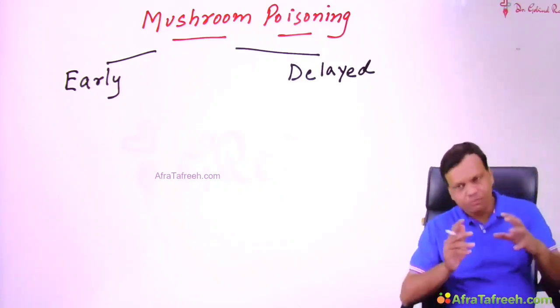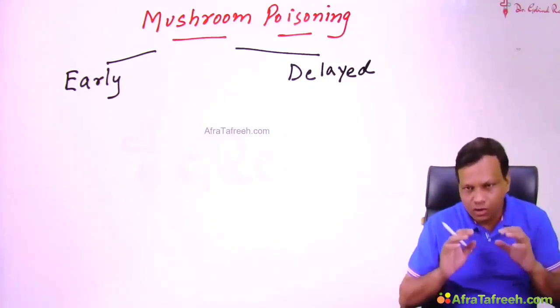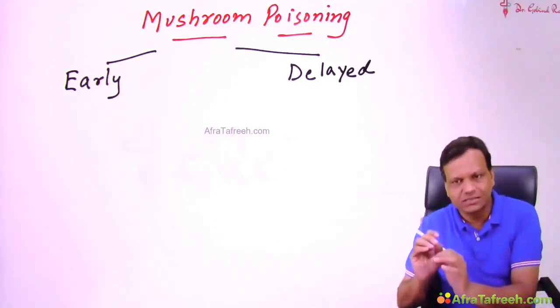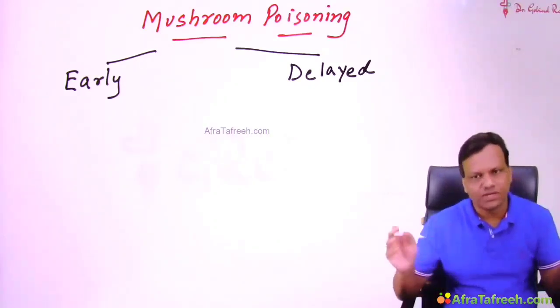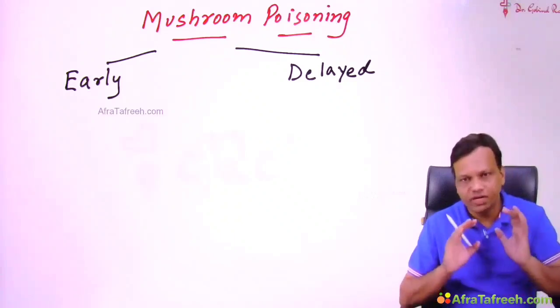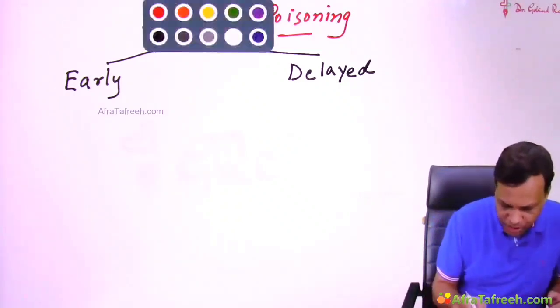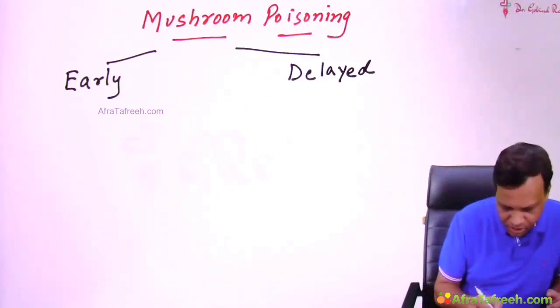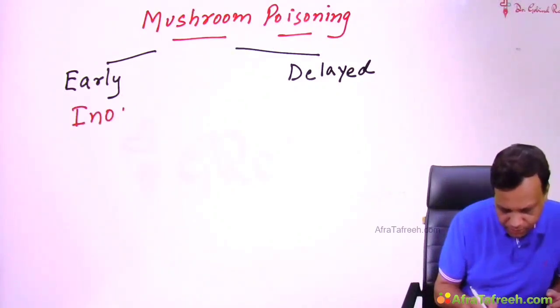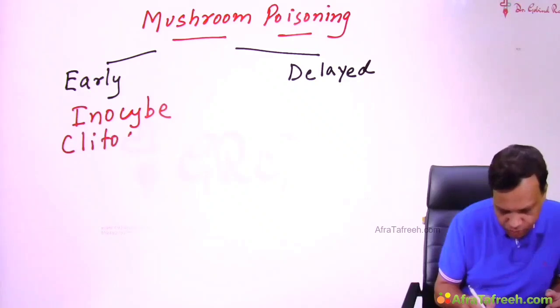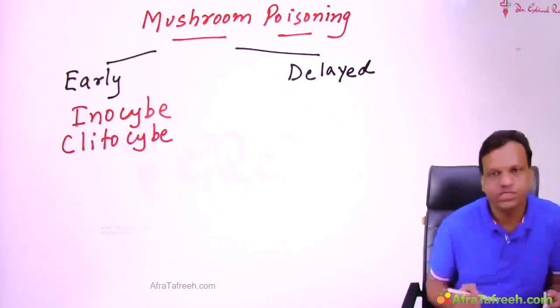Important to remember, these are not the same disease presenting early or late. These are two different mushroom species causing these symptoms. Early mushroom poisoning is caused by Inocybe or Clitocybe species of mushroom.